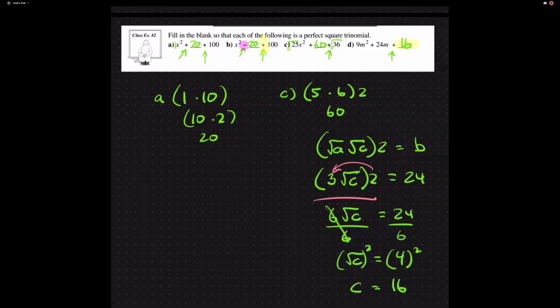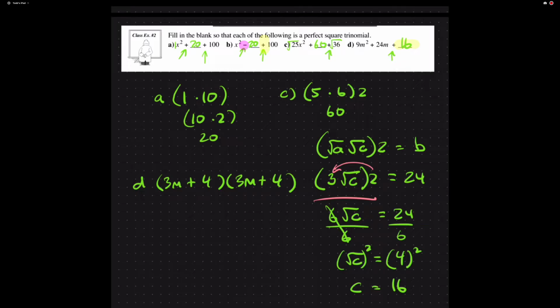Following the rules from example 1 on D, we should be able to break that into 2 binomials. The first term will be 3m and 3m. The signs are the same. They are both positive, and the last term should be 4.